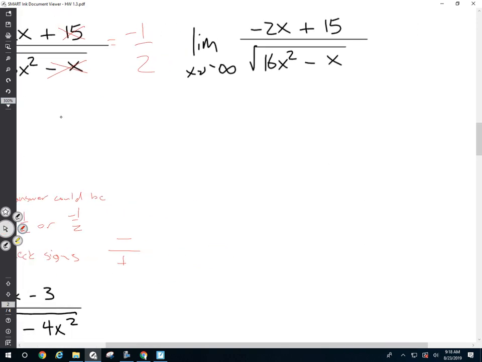But watch how in the other direction, it's the same deal. I'm just going to check my signs. I'd have a negative times a negative, gives me a positive, and I'd have the square root of 16 times a negative squared. That's going to be a positive. So because I have a positive over a positive, that's why this answer is positive a half.